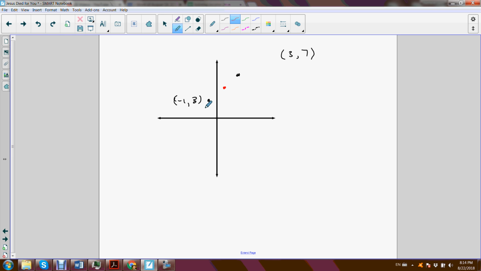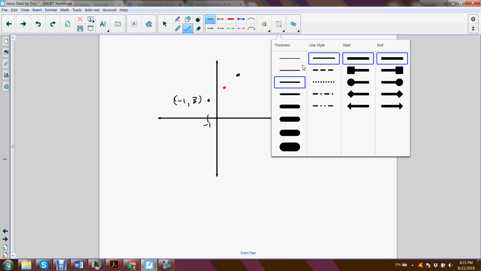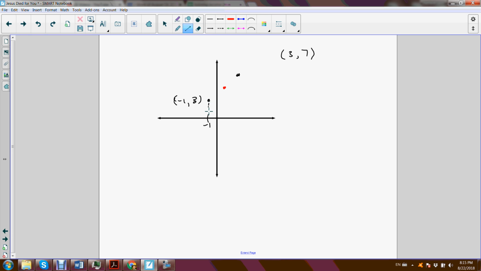Remember that we've got the x coordinates, the -1 and the 3, and the y coordinates. So -1 is the x coordinate of this point here, and 3 is the x coordinate of this point here. -1 and 3.